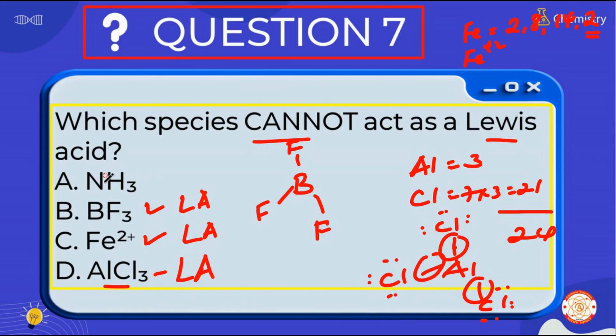Okay, now ammonia, if you draw the Lewis structure, looks like this, right? It has a lone pair. So if the central atom has a lone pair, it acts as a Lewis base. So the answer is ammonia.